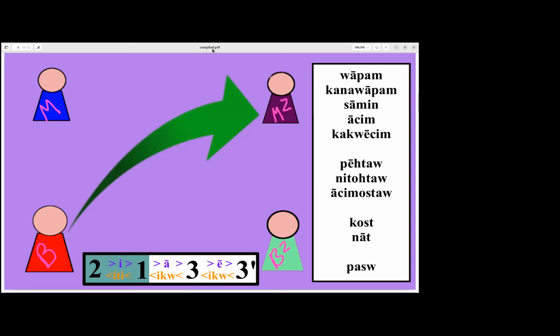Iwapamin. Perfect. Hey, Maggie. Nitachamauchi, Maggie too. Achimit. Short A. Achimit. Maggie too.